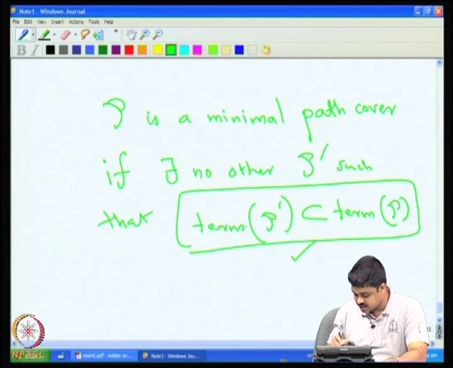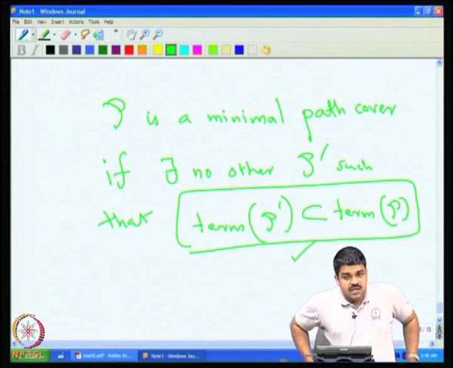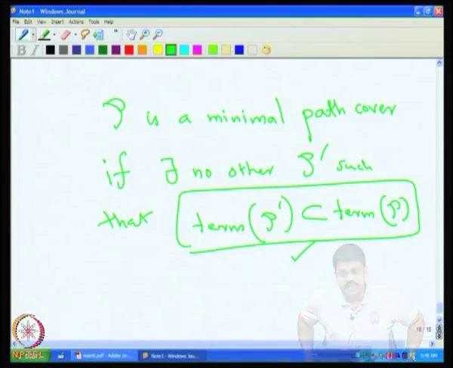That subset condition is with respect to the terminal vertices. That means I will say that P is a minimal path cover if you cannot find any other path cover in G such that the set of terminal vertices of the second is a proper subset of the original one. For it to be a proper subset, it has to be smaller, and the path cover itself has to be smaller in cardinality.